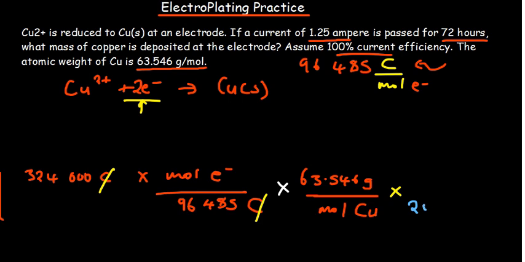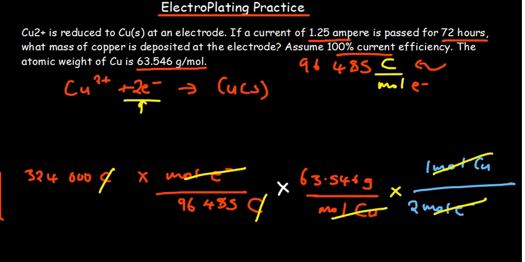So we have 2 moles of electron per every mole of copper solid formed. So you realize that this is now making sense, because the mole of electron will cancel with that mole of electron, and the mole of copper will cancel with this mole of copper. So the only unit that is remaining is what? The grams, for the mass.